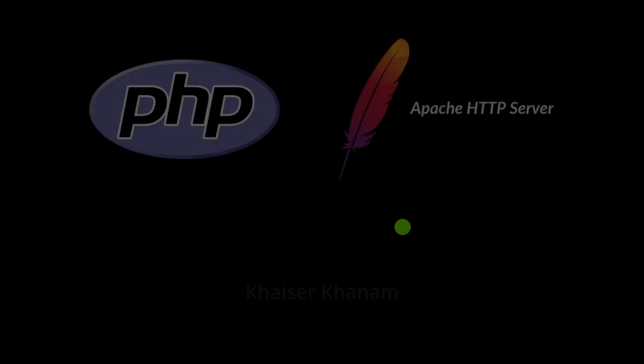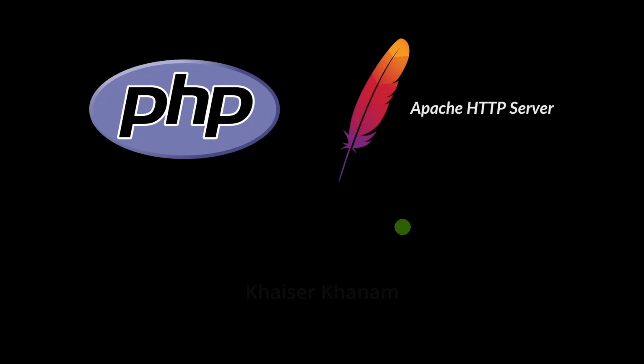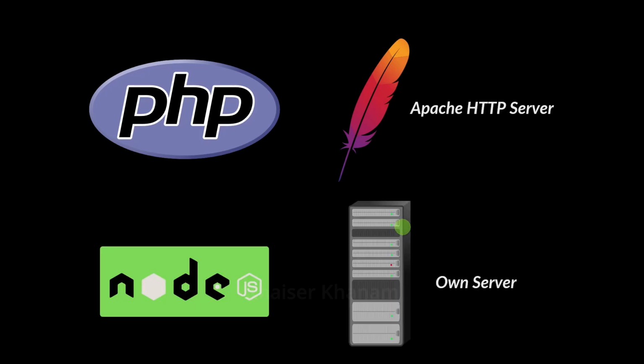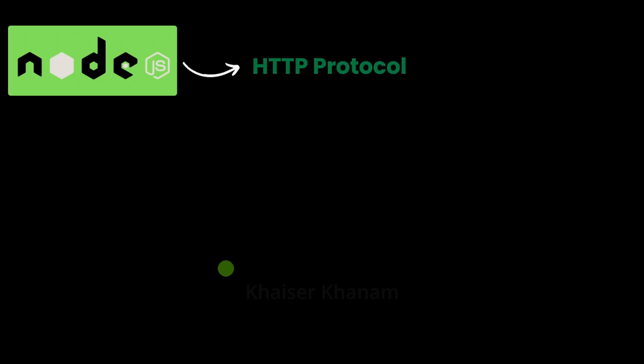If you have seen other programming languages like PHP, there we have used the Apache HTTP server to run our PHP application. But in Node, we can create our own server. Definitely, along with Node, we can also use other HTTP servers, but using Node, we have the capability to create our own web server. But still, whatever happens, Node.js still has to respect the HTTP protocol.